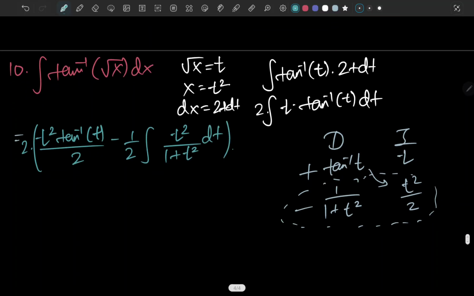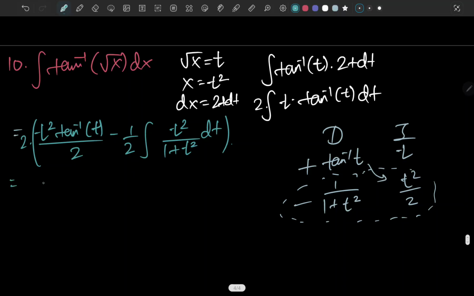If we multiply these two terms, we are going to get rid of all the halves. So we are going to have t squared times tangent inverse of t. Oh sorry, it's not 2. And let's talk about this integral, adding 1 and subtracting 1 at the same time.